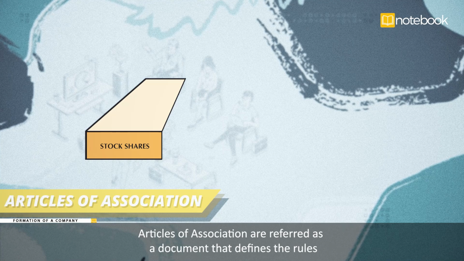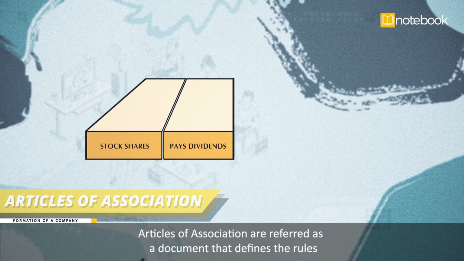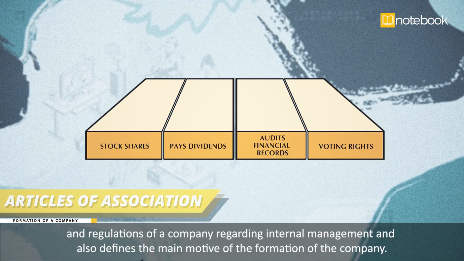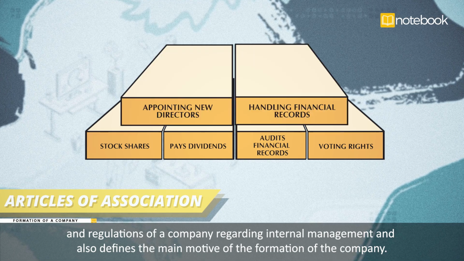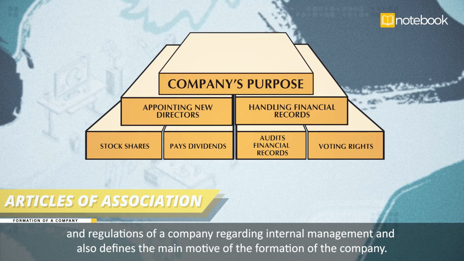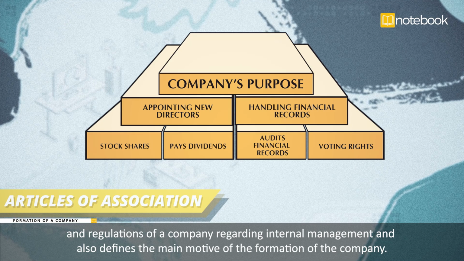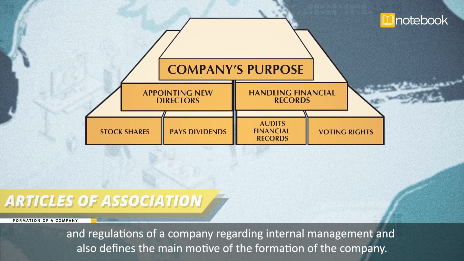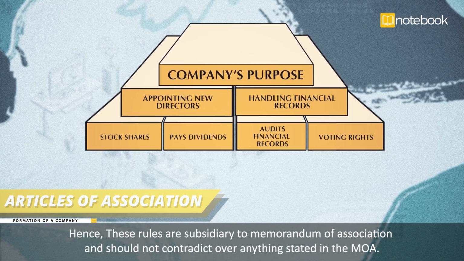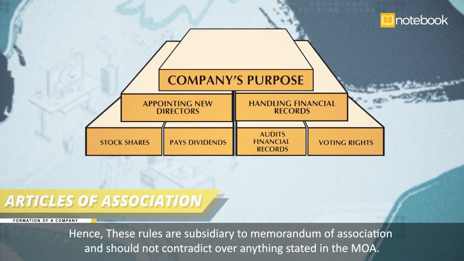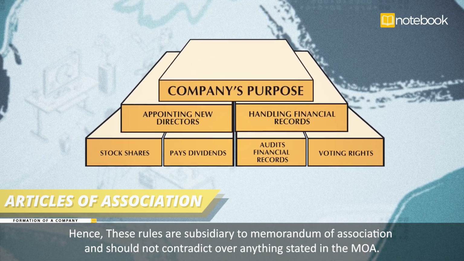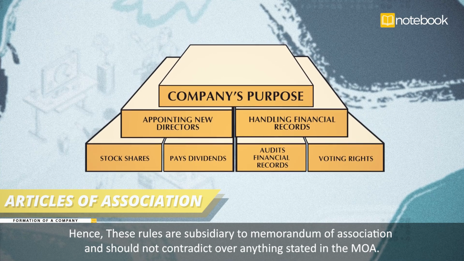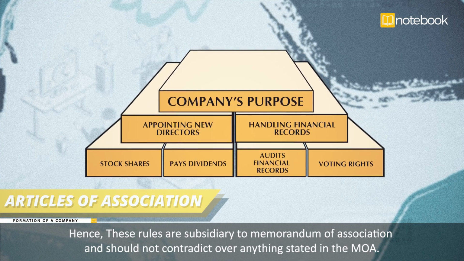Articles of Association. Articles of Association are referred to as the document that defines the rules and regulations of a company regarding internal management and also defines the main motive of the formation of the company. Hence, these rules are subsidiary to the Memorandum of Association and should not contradict anything stated in the MOA.